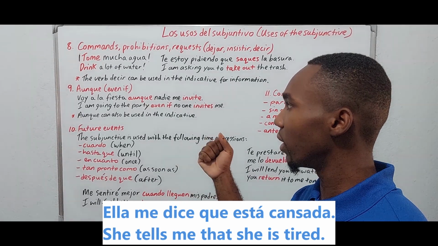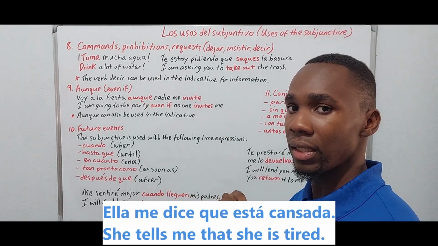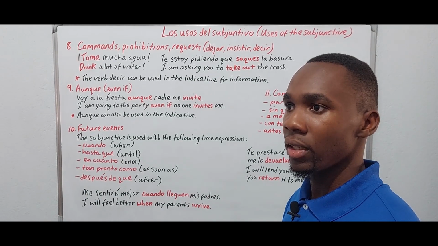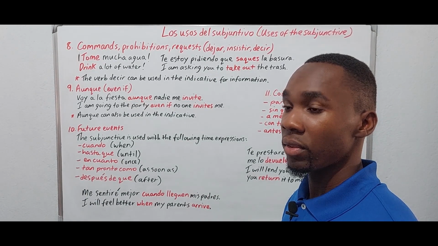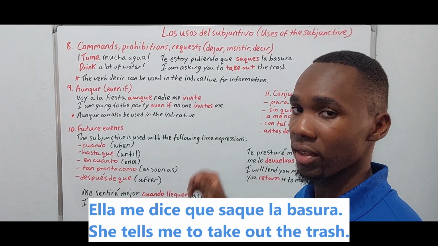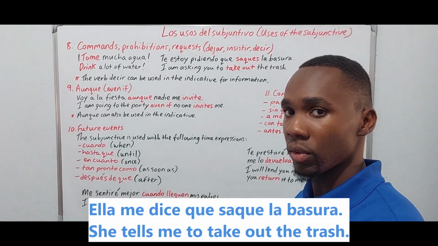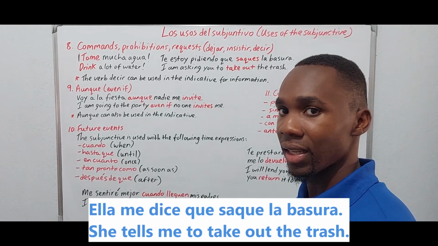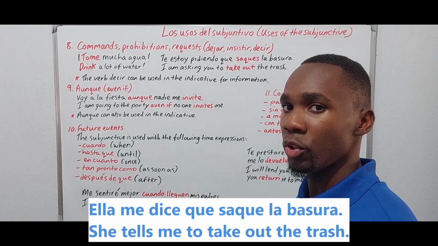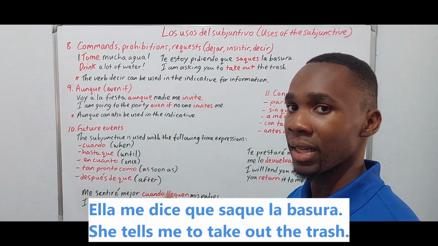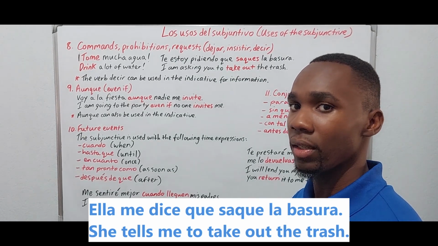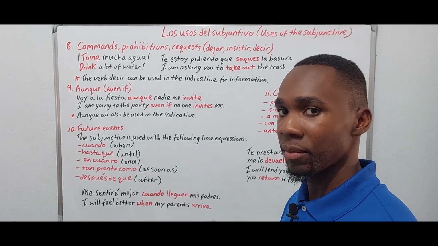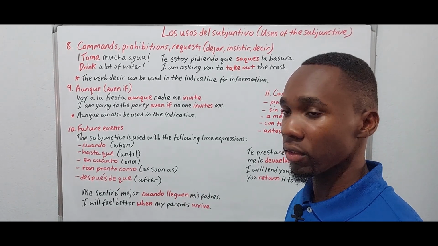Now, if I want to use decir in the subjunctive, I would say ella me dice que saque la basura. Using the same example: she tells me to take out the trash. Ella me dice que saque la basura. So if we use it in the subjunctive, it is a command. But if we use it in the indicative, it will be used to transmit information. So that's a key difference there.